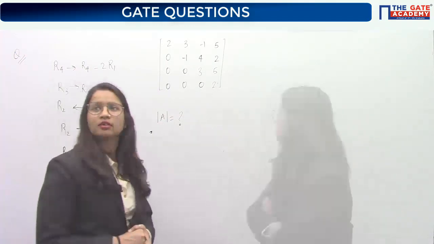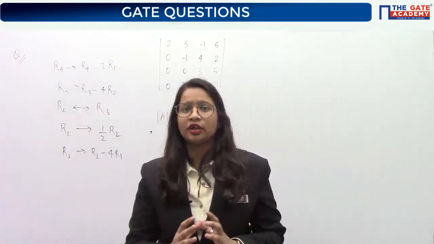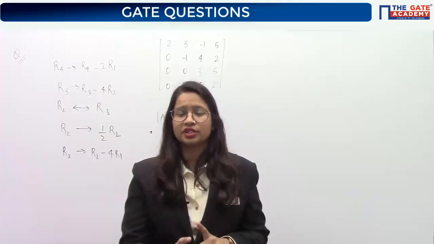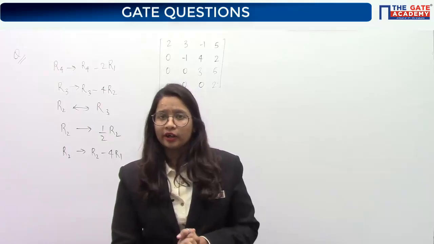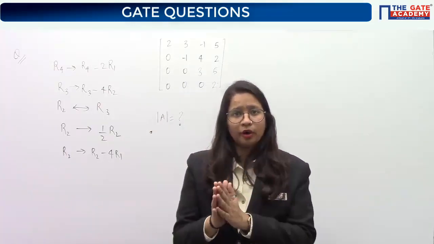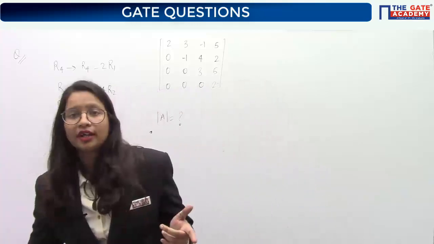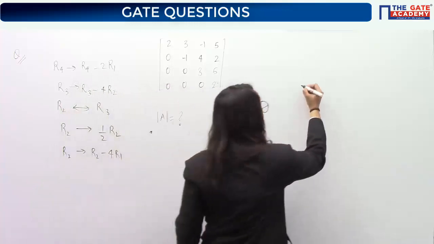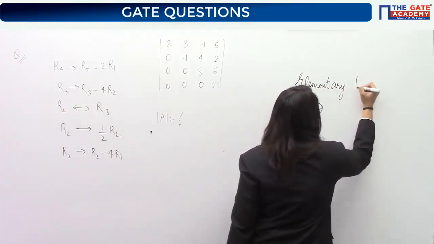First of all, the determinant value remains the same after row operations if the operations are elementary transformations. According to the properties of determinant, if the operations performed are elementary transformations, then the determinant will not change. And what are elementary transformations?